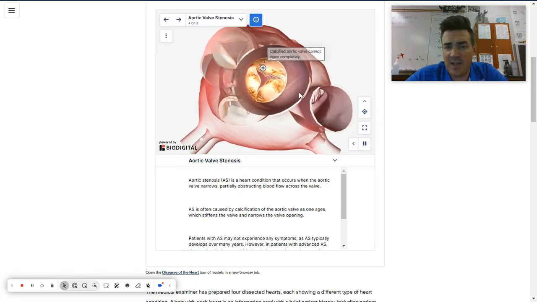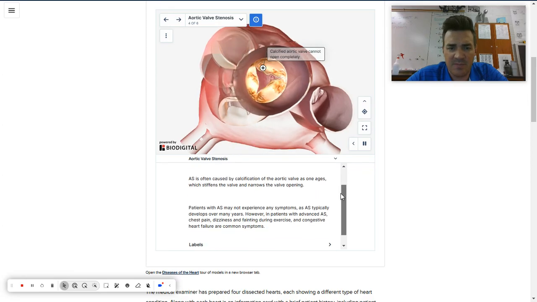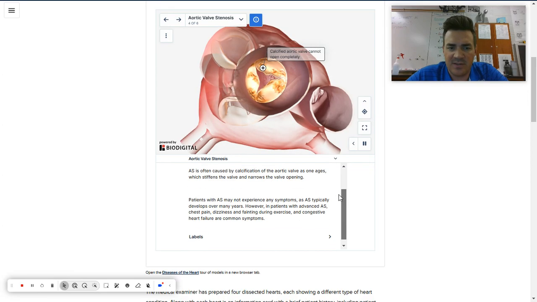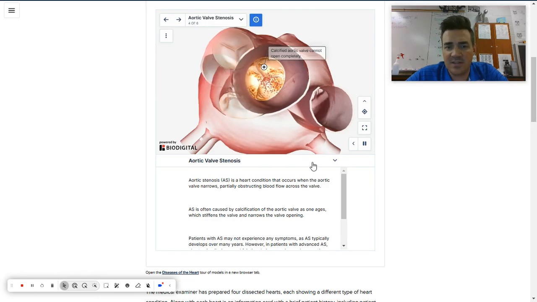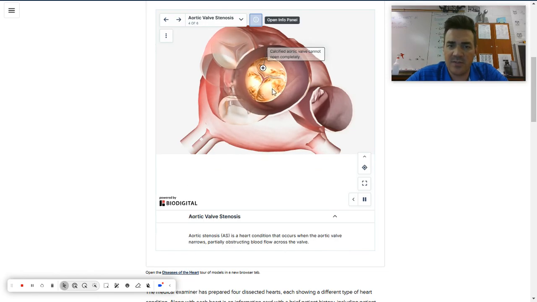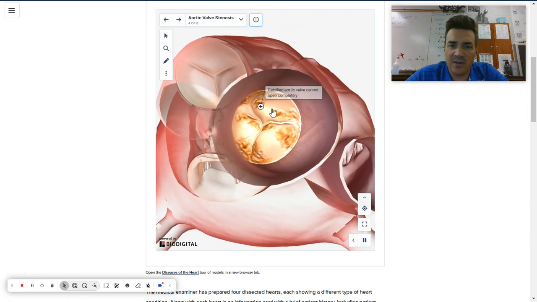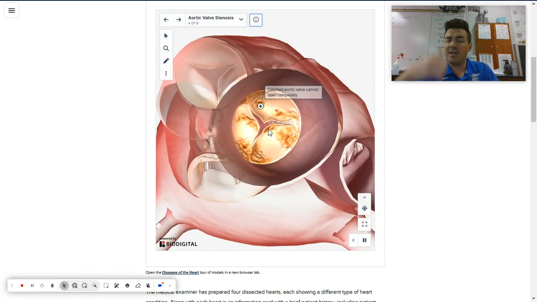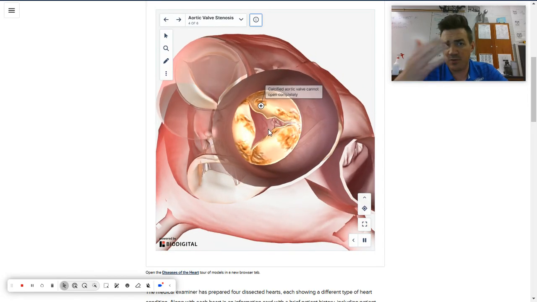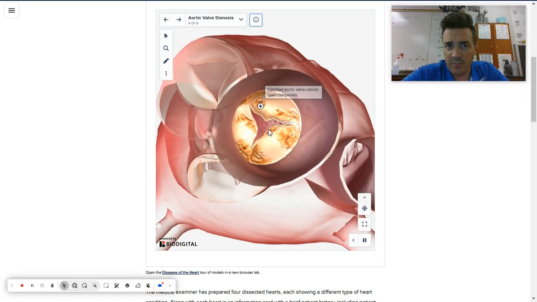Often this will not really have symptoms until it gets pretty bad, but eventually it can lead to chest pain and dizziness and that sort of thing. This is a disease of the heart valves, and if those valves stop working properly, the stenosis means that not enough blood can move through the aorta like it should, and so you're going to have decreased cardiac output to the rest of the body.